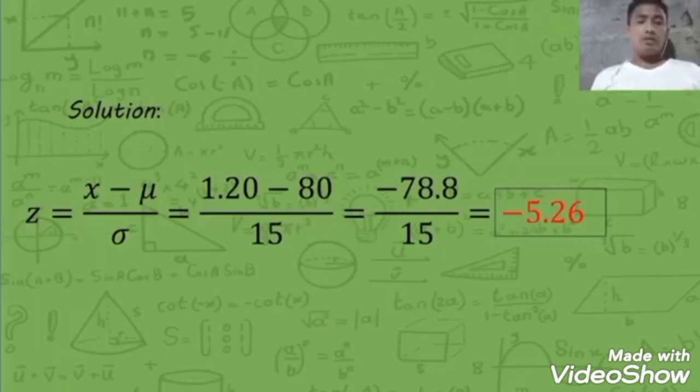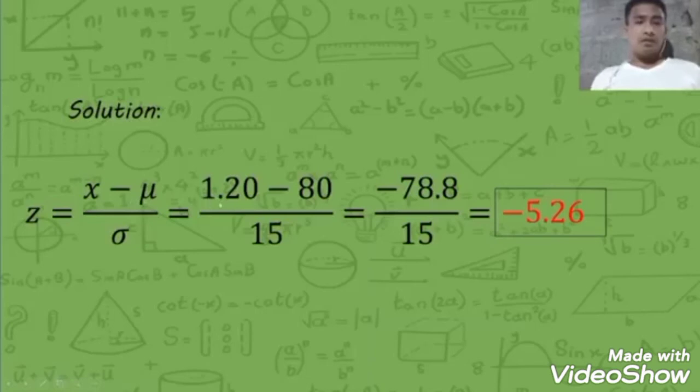Using our formula, Z is equal to X minus mu all over the standard deviation. Substitute the given.